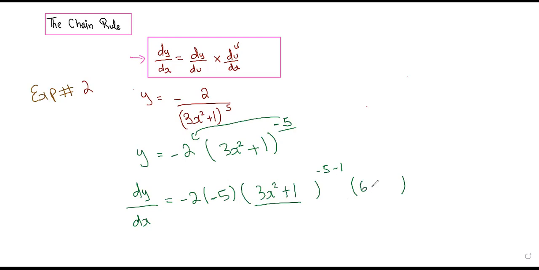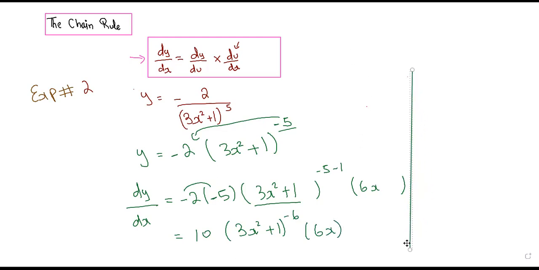So that would be 6x. So finally I am going to get minus 2 into minus 5, that is 10, and then it is 3x squared plus 1 to the power minus 6, and then it is 6x. And then 10 into 6 would give me 60x divided by 3x squared plus 1 to the power 6. So this would be the differentiation.